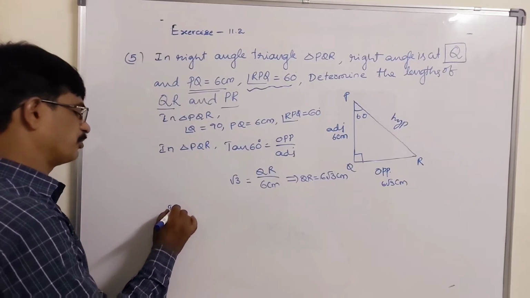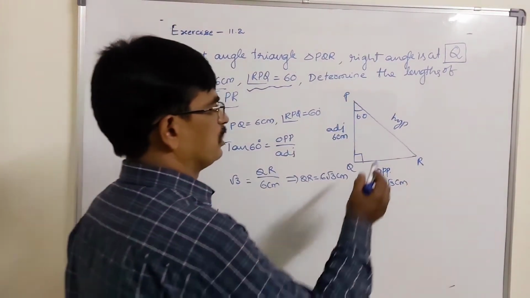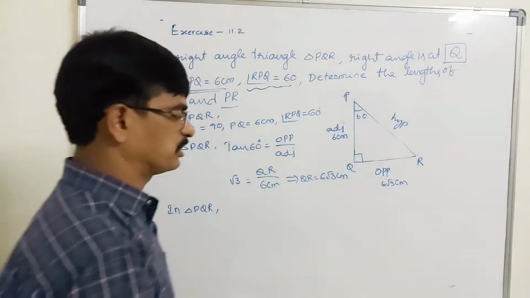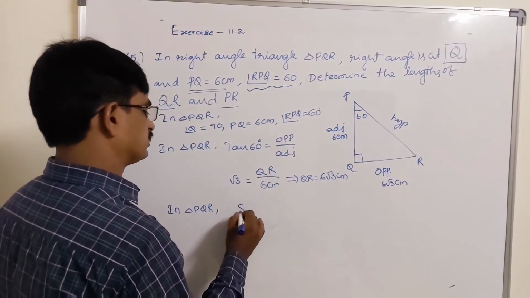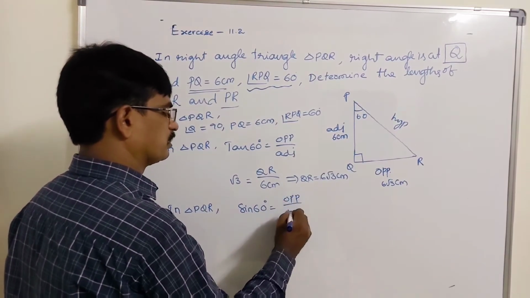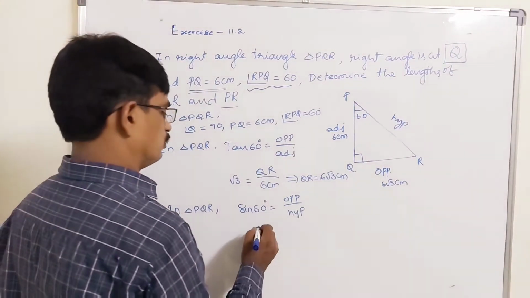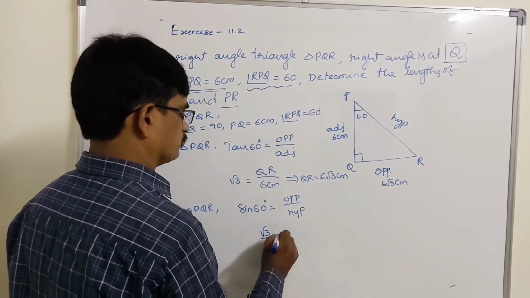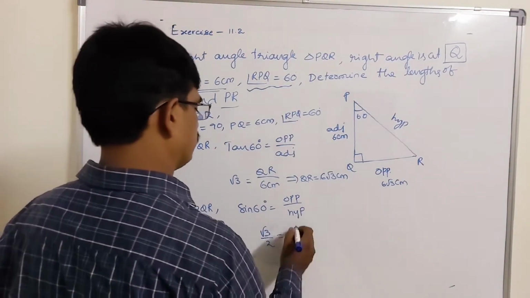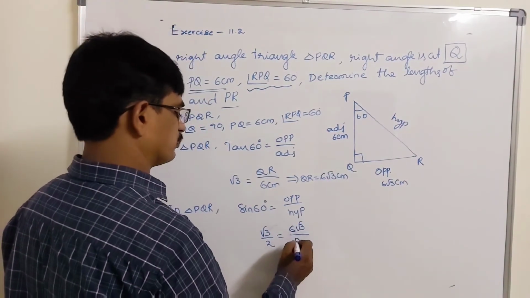Now in triangle PQR, by using opposite side by hypotenuse, that is sin 60 degrees is equal to opposite side by hypotenuse. So sin 60 is equal to root 3 by 2 is equal to opposite side, here 6 root 3, by hypotenuse PR.